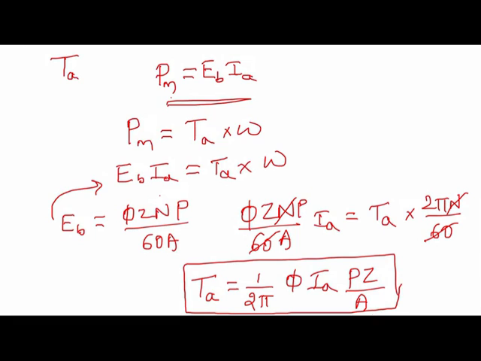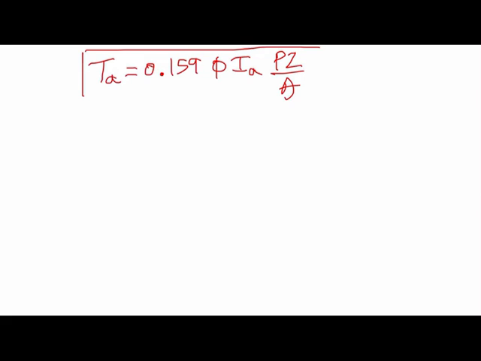Or if you calculate the 1 by 2 pi value, we can write the torque equation as TA equal to 0.159 phi IA PZ divided by A. So this is the torque developed in the DC motor.